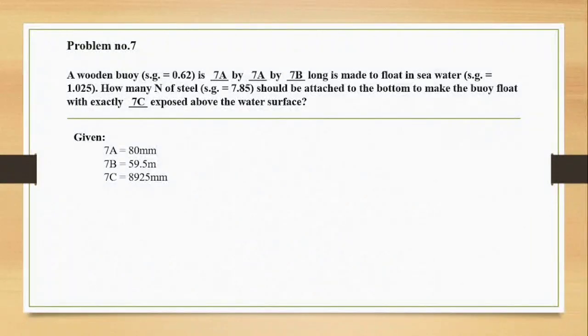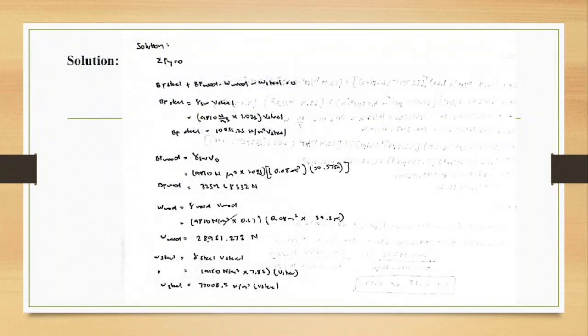So let's proceed to our solution, guys. The solution is buoyancy steel plus buoyancy wood minus W wood minus W steel equals 0.